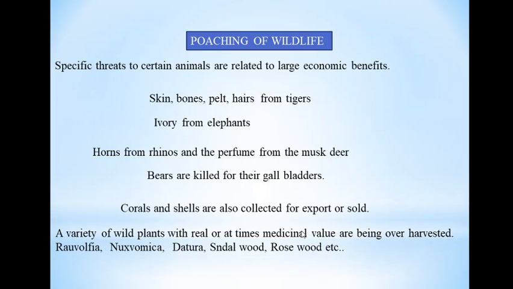So we see the over harvesting of these medicinal plants, like Rauwolfia, Nux vomica, Datura, Sandalwood, Rosewood, are the examples. Today we rarely see these, as they are endemic and have become critically endangered species, and we hardly see these species in the wild.